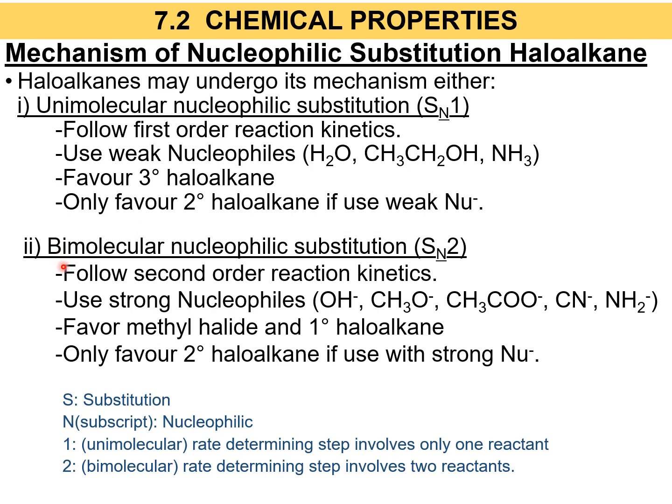Okay, next ialah SN2 mechanism. SN2 mechanism dia akan follow second order reaction kinetics. Dia akan use strong nucleophiles such as OH minus, CH3O minus, CH3COO minus, CN minus, NH2 minus. Okay, these nucleophiles, there is a strong nucleophile because actually before dia dapat charge negatif ni, dia berpasangan dengan metal tau. Contohnya macam metal in group 1 or group 2.